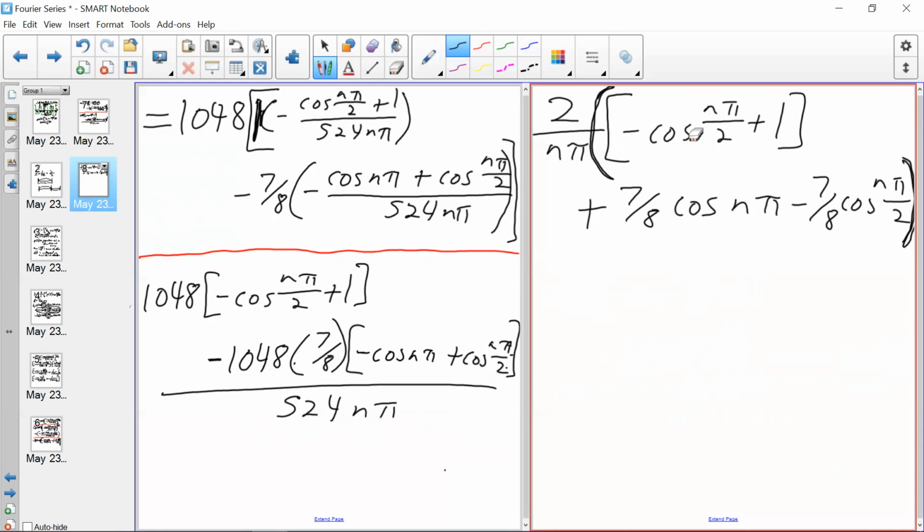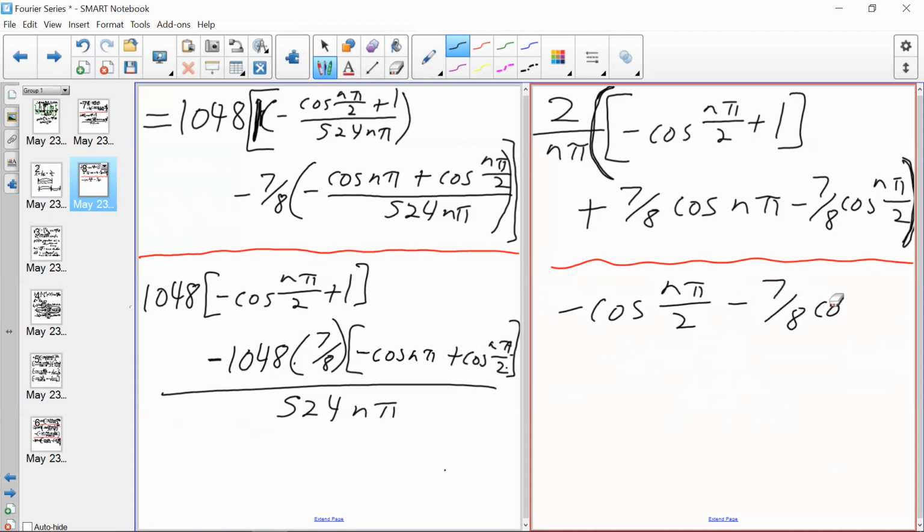And so I'll have my, let me just do this here. This is going to be negative cosine n pi over 2 minus 7/8 cosine n pi over 2.